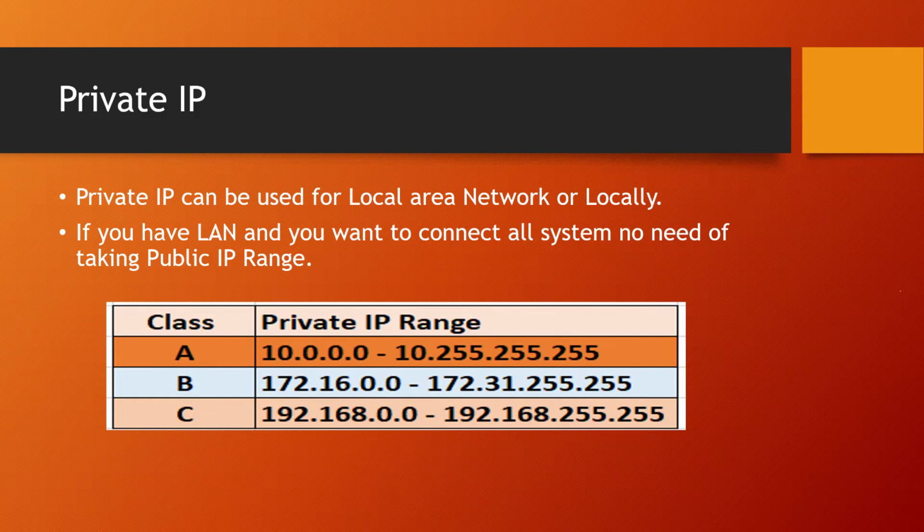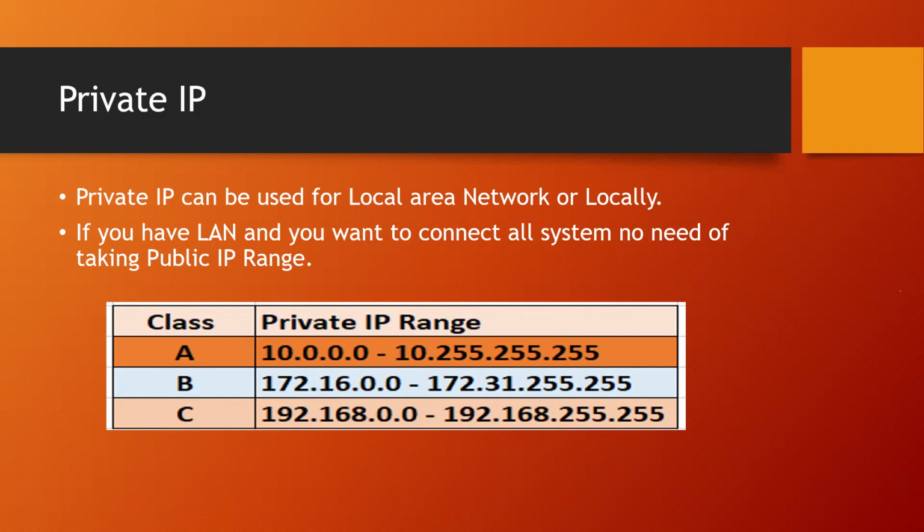And one more thing you have to understand: with a private IP address, you cannot communicate with the internet. But again, one thing will come to your mind. If my laptop or my phone is using the private network, how is it connecting to the internet?